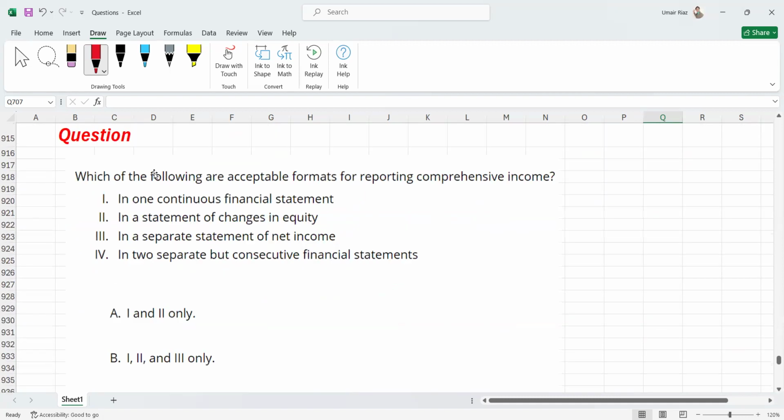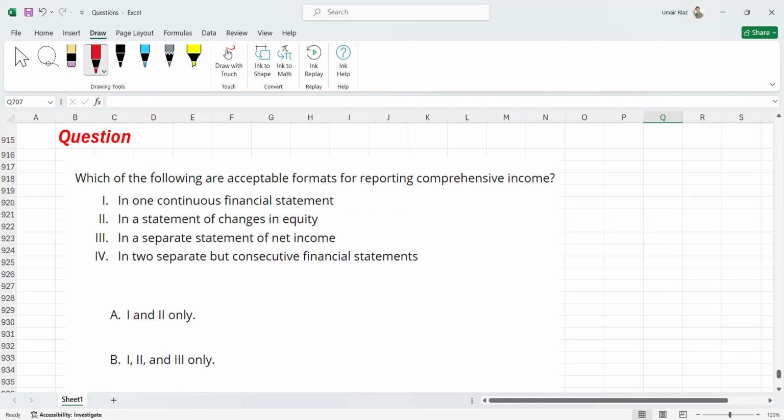We have another question. Which of the following are acceptable formats for reporting comprehensive income? Guys, please remember, when we prepare the statement of comprehensive income, there are two formats, because under the statement of comprehensive income we calculate comprehensive income, right? And comprehensive income equals net income plus or minus OCI items.